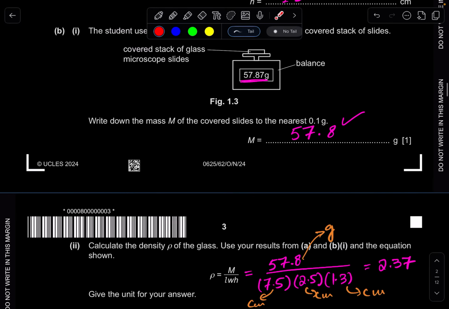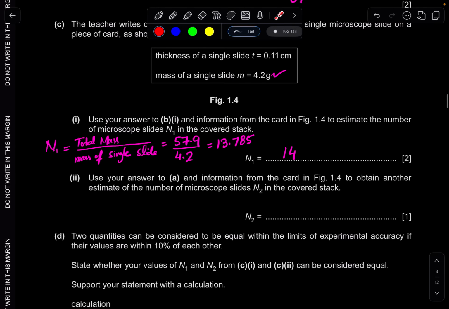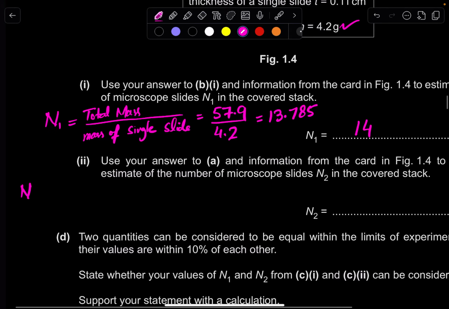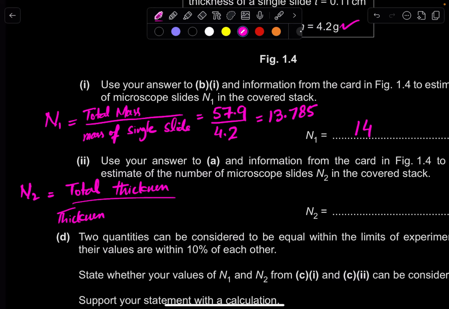So what we can do here, N2 can be total thickness divided by thickness of a single slide.